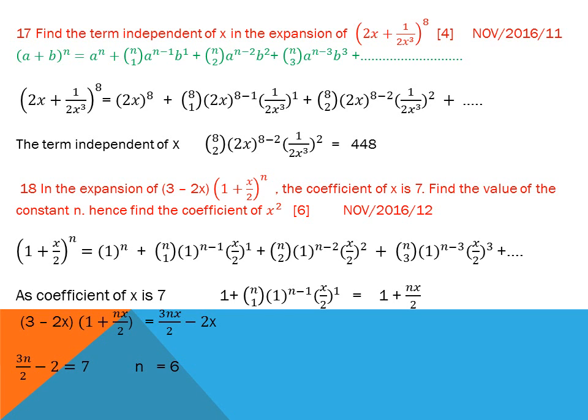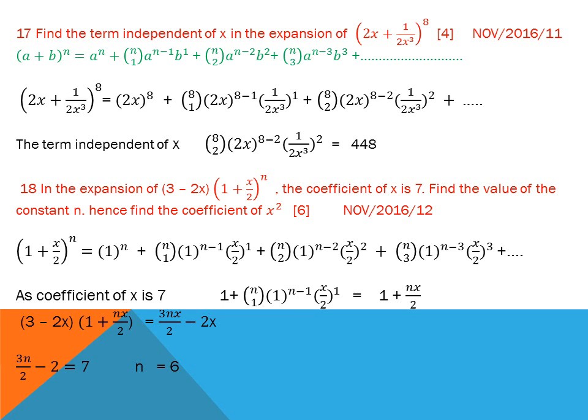Now question number 17. Find the term independent of x in the expansion. We will find the term which is independent of x, meaning there is no x in the term. When I expand this using the formula, because A is equal to 2x and B is equal to 1 over 2x cube, (2x) power 8, then 8C1 x power 7, 1 over 2x cube, 8C2 (2x) power 8 minus 2, meaning x power 6, and then 1 over 2x cube, meaning 1 over x.